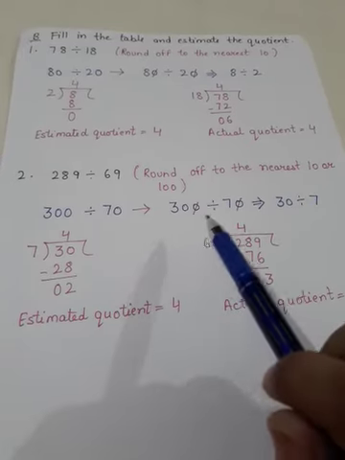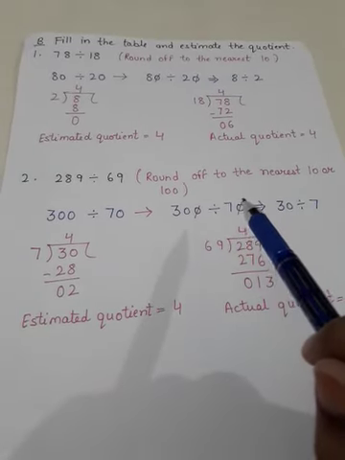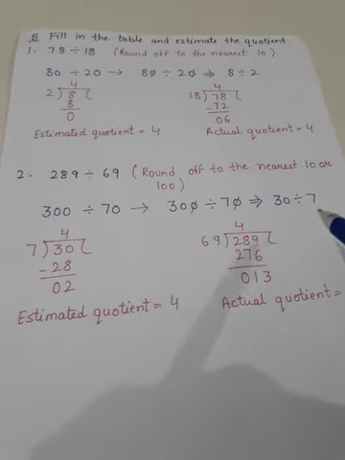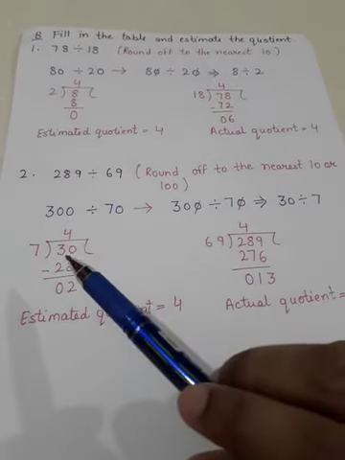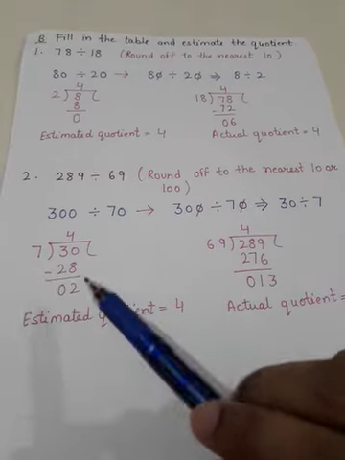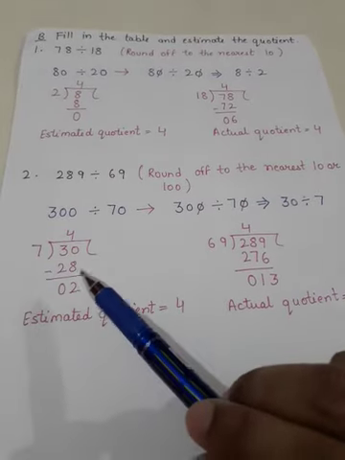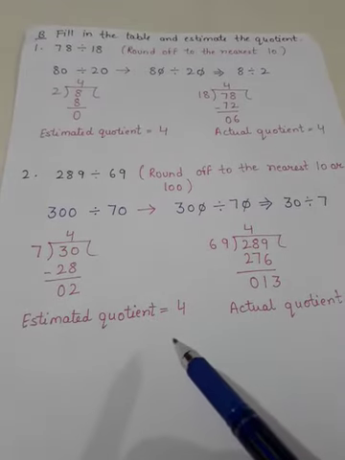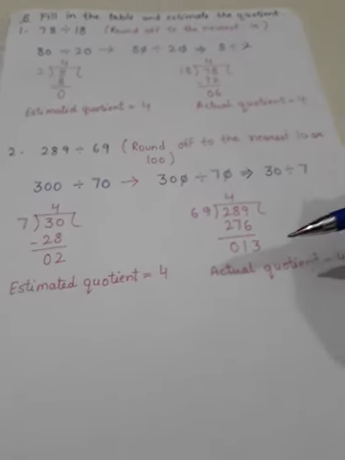Now the second step is cancel the zeros. In 70 one 0 cancels here and this one 0 cancels. What is left? 30 divided by 7. So when we divide 30 by 7, what will come? 7 4s are 28. So here 4 came. So the estimated quotient is 4 and we have to find the actual quotient also.